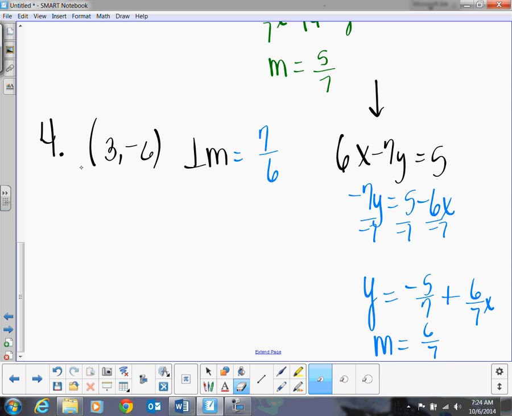Thank you. Okay. Thank you for telling me that before I got to the end. Then I would have said, what did I do? All right. So for perpendicular slope, we must do the reciprocal, but is that enough? No. Not only do we need reciprocal, we need opposite reciprocal.